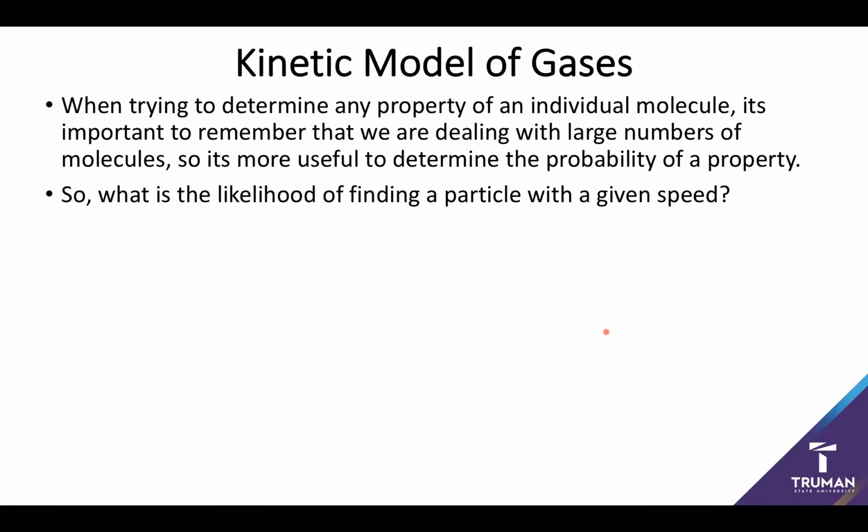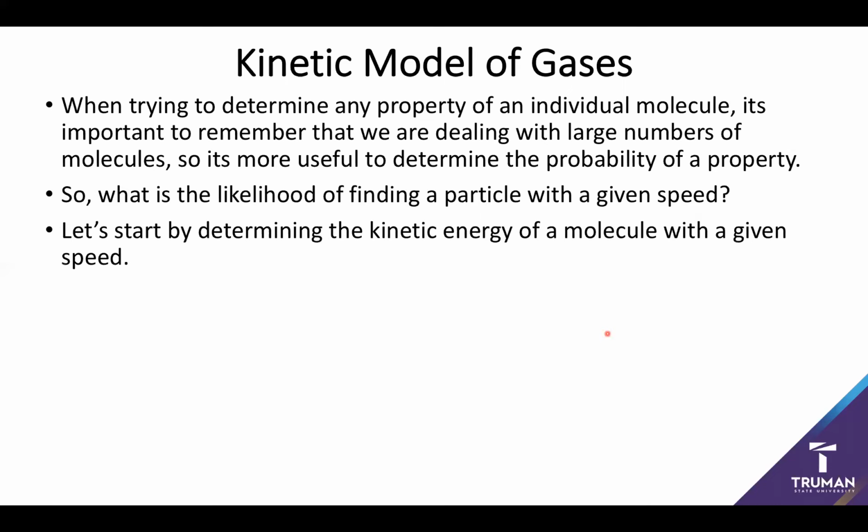So when trying to figure out the probability of a property, it's often very useful to start with energy. For the kinetic gas molecule model, we're assuming that the molecule only has kinetic energy, so no other form of energy.